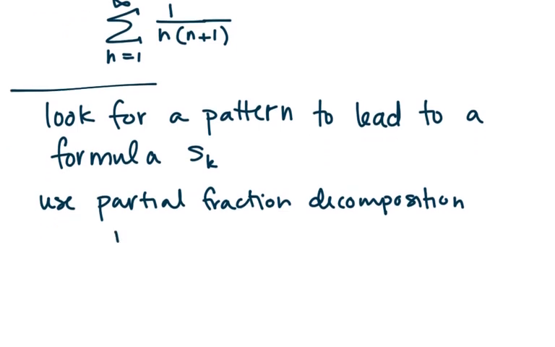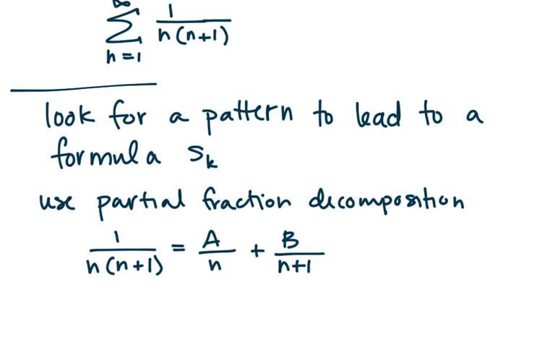So we're going to take that initial fraction, and notice the denominator is a product of linear factors. So I can set this up and say that's A over n plus B over n plus 1. We multiply by the LCD.